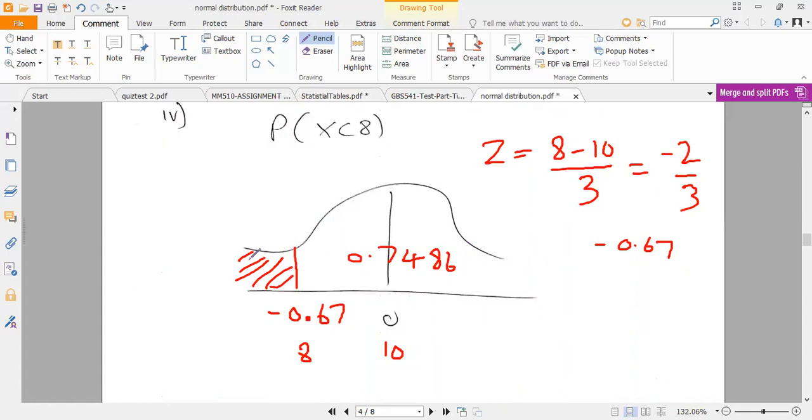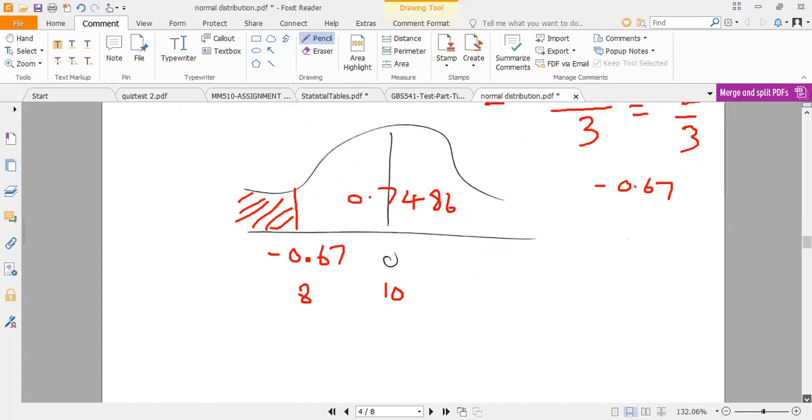So how do we get the remainder here? Do we read directly, or do we subtract from 1? Here we can write Z is less than 0.67. You can use any of these notations in terms of Z or in terms of X. So we're going to subtract because the shading is small. 1 minus 0.7486.